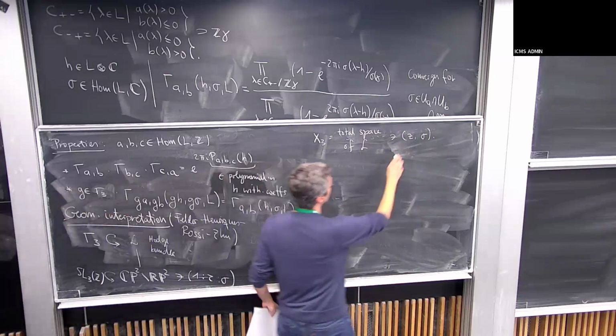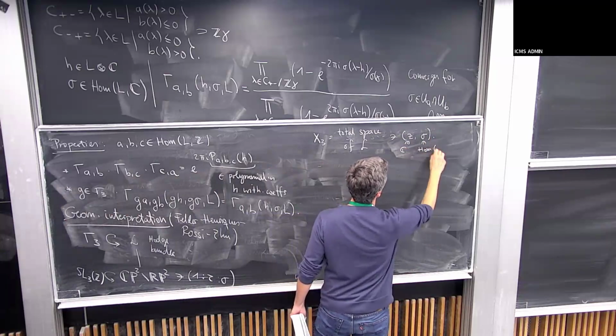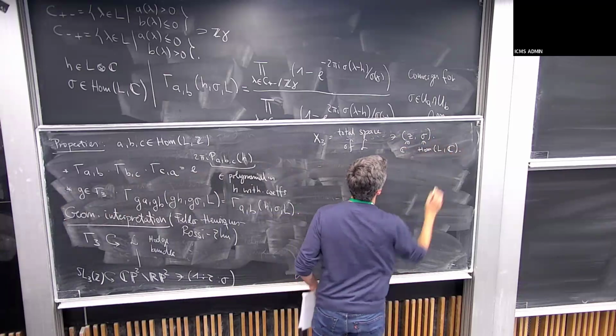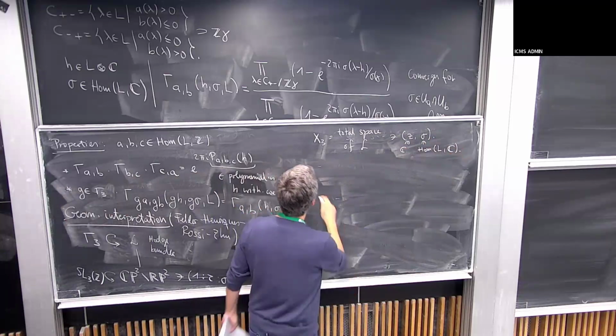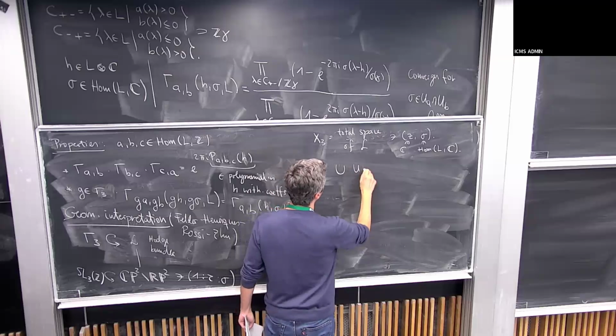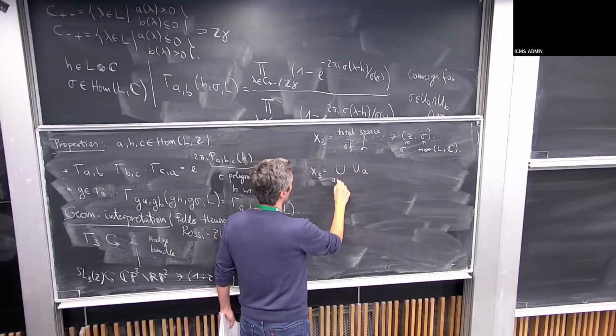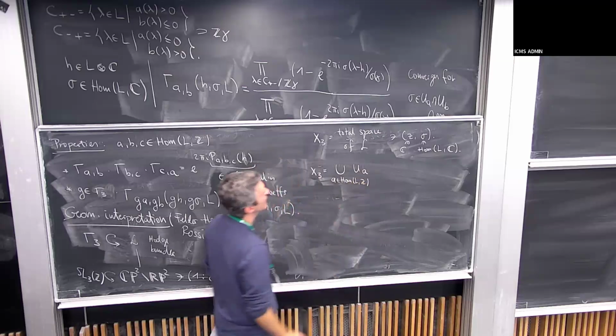So this is in C, and this is in Hom(L, C). And so I can write X3 as a union of opens, indexed by the linear functionals on the lattice.